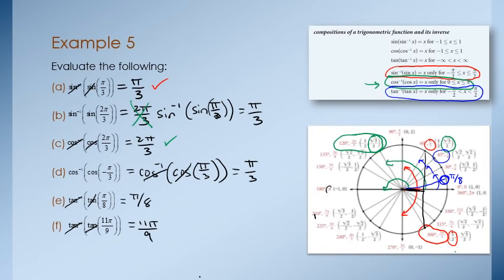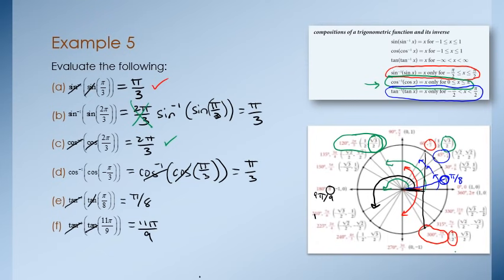Well, pi is 9 pi over 9, so 11 pi over 9 goes beyond that. I'm not really sure how far beyond it, but it does. What I do know is that it is not within that restricted domain, so it is not between pi over 2 and negative pi over 2.